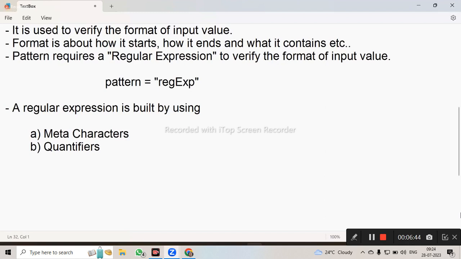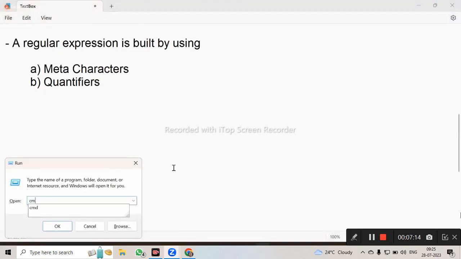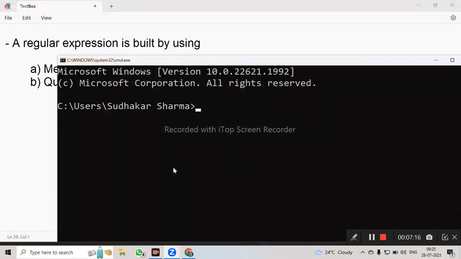So a regular expression is a combination of meta characters and quantifiers. Meta characters are common in computer operation. You generally come across these meta characters in regular use of your computers. Suppose I will show you. This is a command prompt.